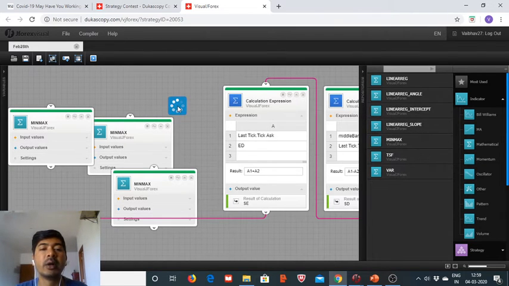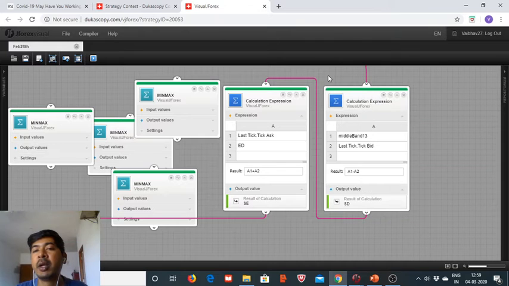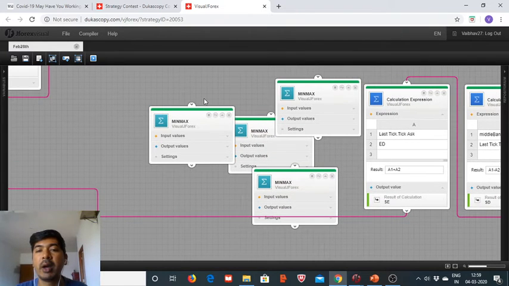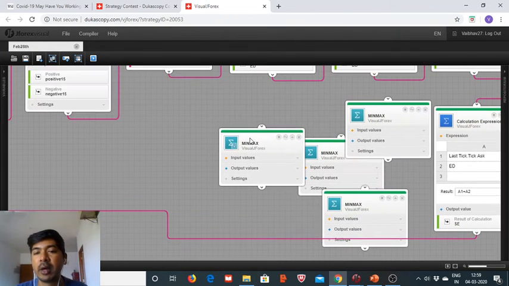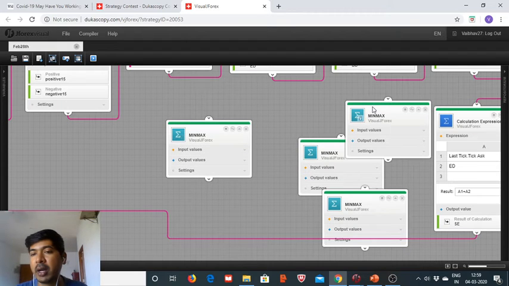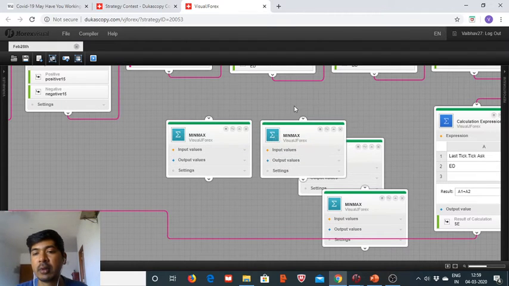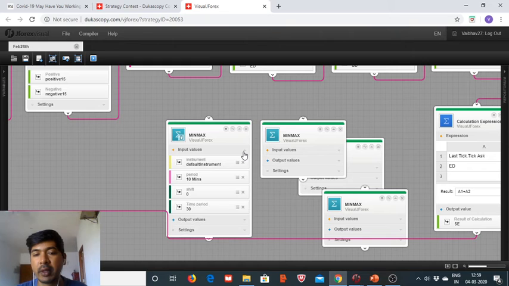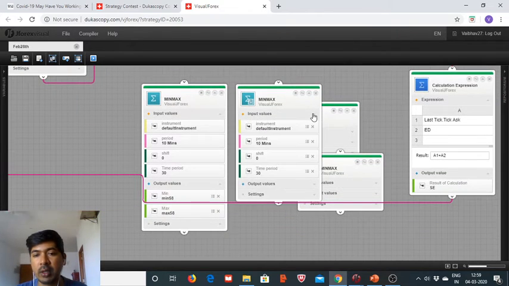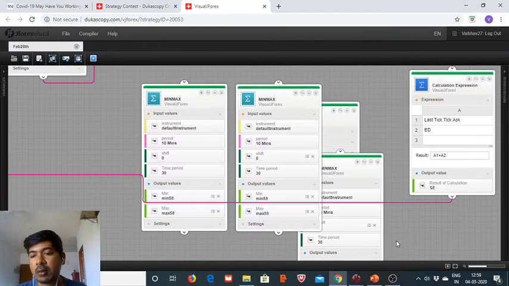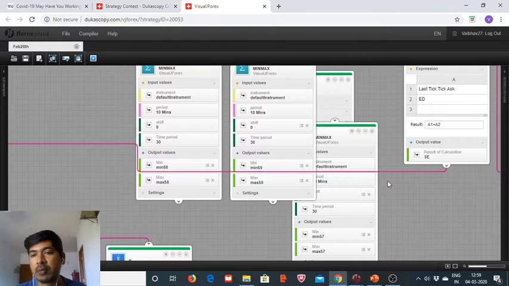We will be using the bid low for minima and ask of the high price for the maxima, and this is the maxima 58, 59 and 57.